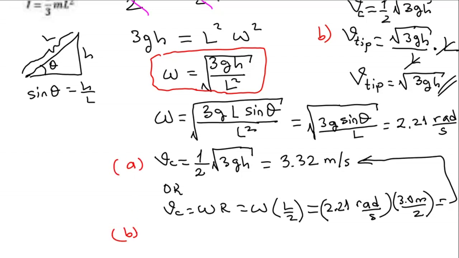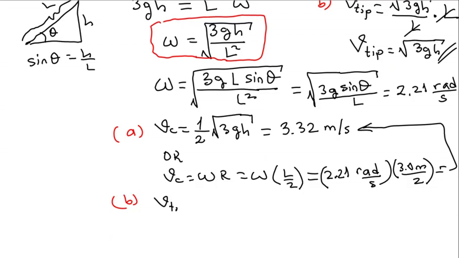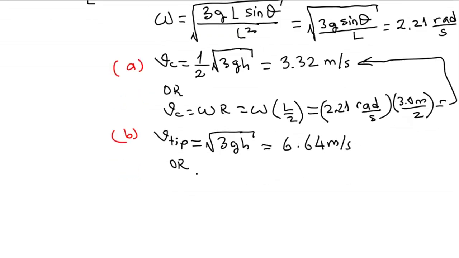For part B, v tip equals square root of 3gh. Because we already found half of that as 3.32, twice 3.32 is 6.64 meters per second. Alternatively, we could use the same approach using the equation that we did above.